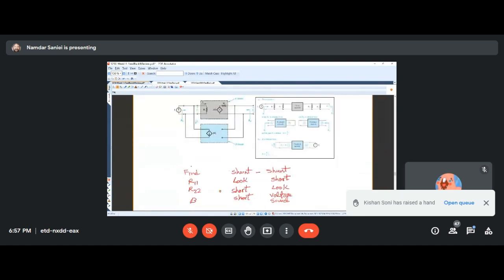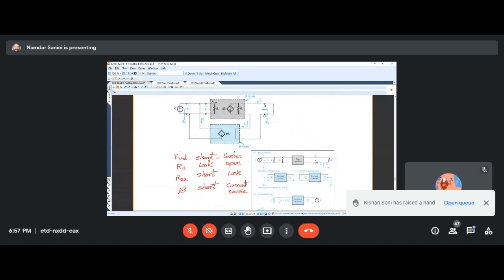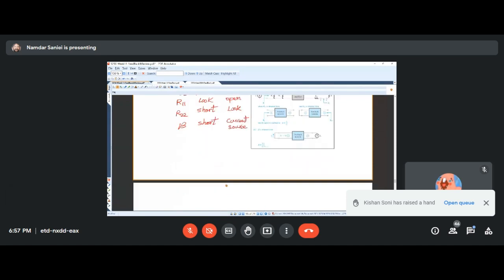So in the others, the same way, for shunt, wherever you need to do something with the other port is short, and shunt meant voltage source for the beta. And finally, this other one, which is shunt series. Series means open, shunt means short. However, for the beta on the other side, series meant current source.